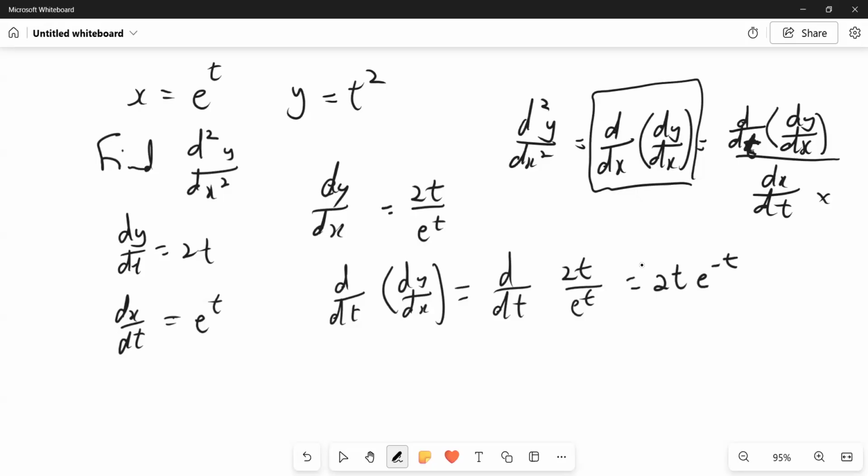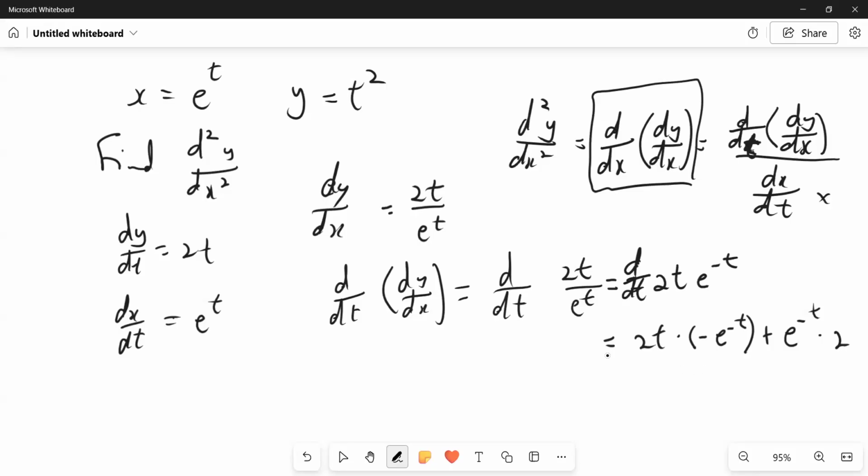So it's equal to d/dt of 2t e to the minus t, which is 2t times the derivative of this, which is minus e to the minus t, plus e to the minus t times the derivative of 2t, which is 2.